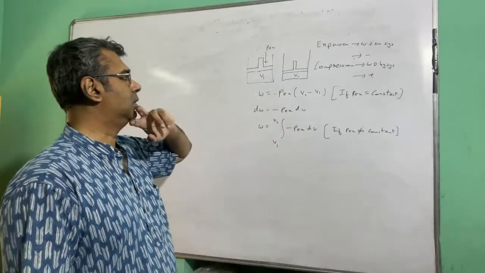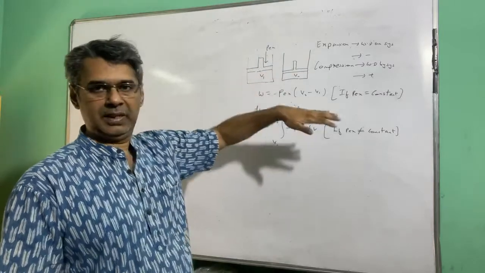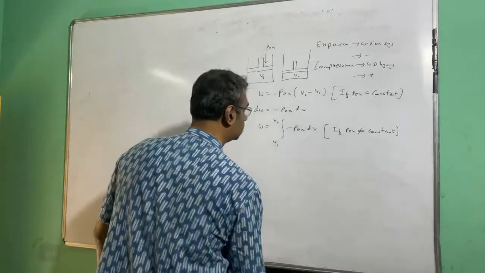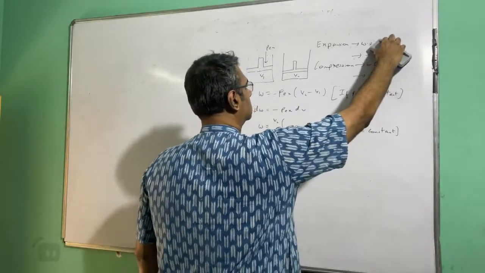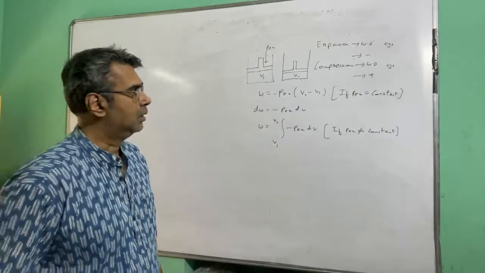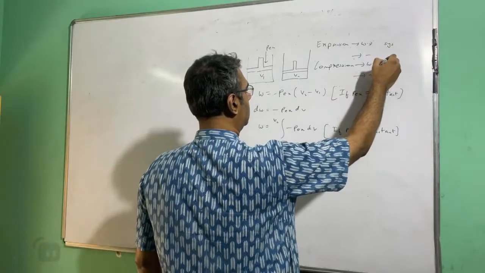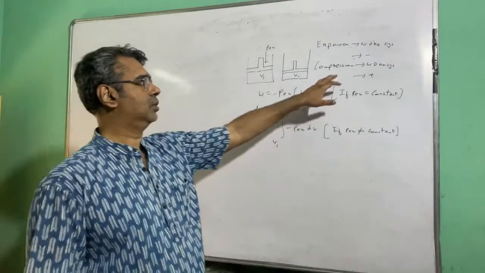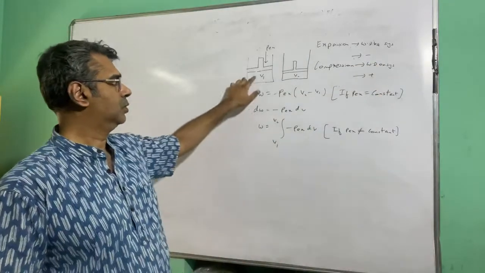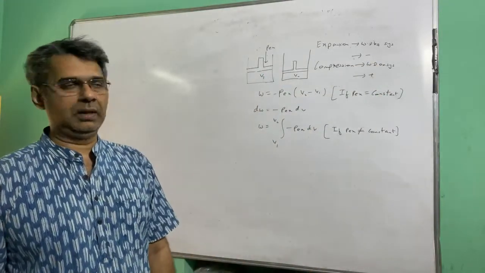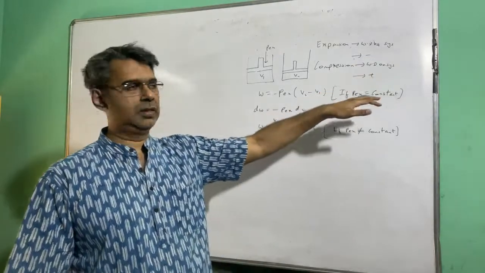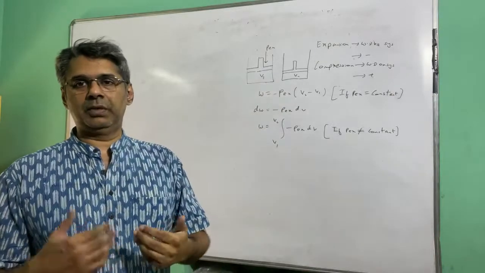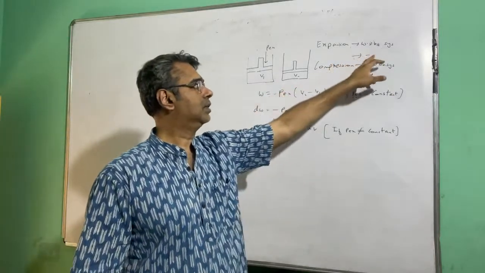Because compression means that work is done on the system, and expansion means work is done by the system. When the system is getting compressed, volume is going down from V1 to V2, so work is done on the system, and that is considered positive; that is a convention. If the opposite were to happen, if it was expanding, then work is done by the system, and that is considered negative.